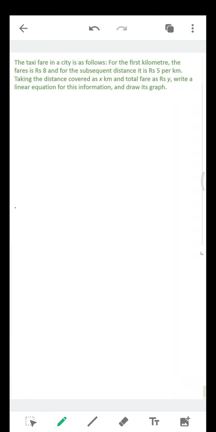So here the fixed charge for the first kilometer is rupees 8. I have taken the distance from A to B. Now here I don't know the distance, so I have taken the distance as x kilometers. The first kilometer is still here, and the person is paying 8 rupees for it.